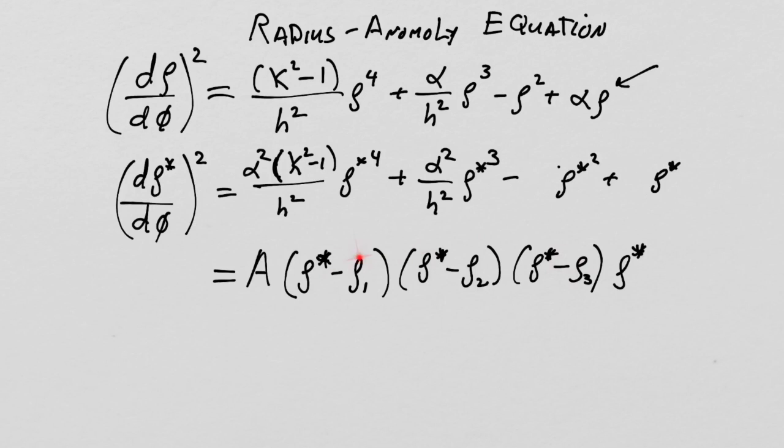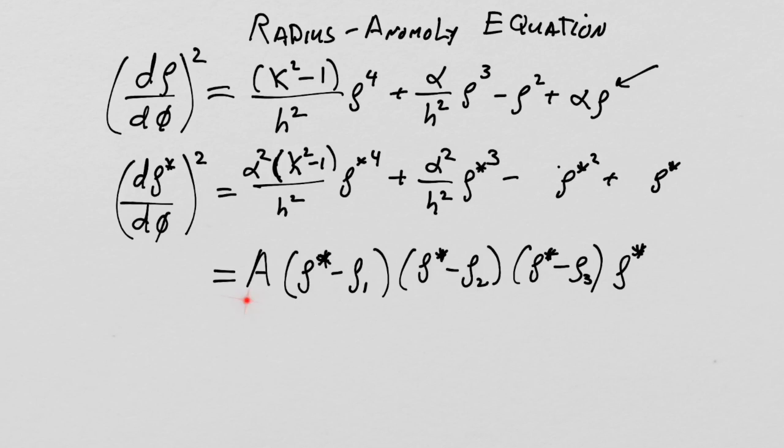So I'll call those solutions rho 1, rho 2, and rho 3. And I'll just assume I know what those solutions are, and I'll write it in this form, and then there'll be some constant A out in front, which depends on the intricate nature of that cubic polynomial. So this form exists in principle, where everything could in principle be calculated. I could solve that cubic, figure out what A is, figure out the three roots, write it in that form, and that's another version of the radius anomaly equation, where the roots play a central role.